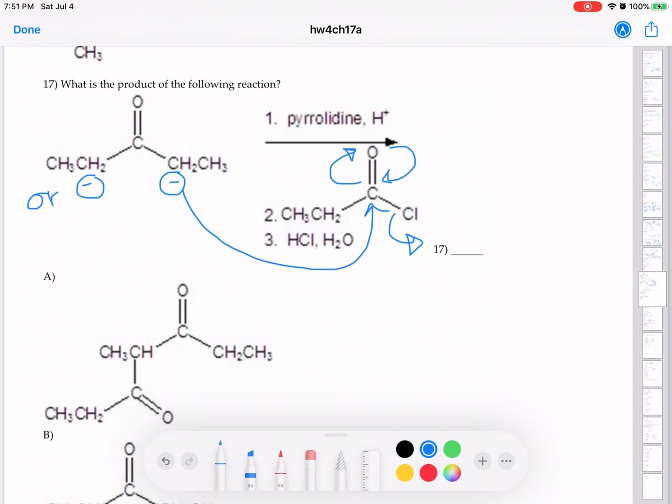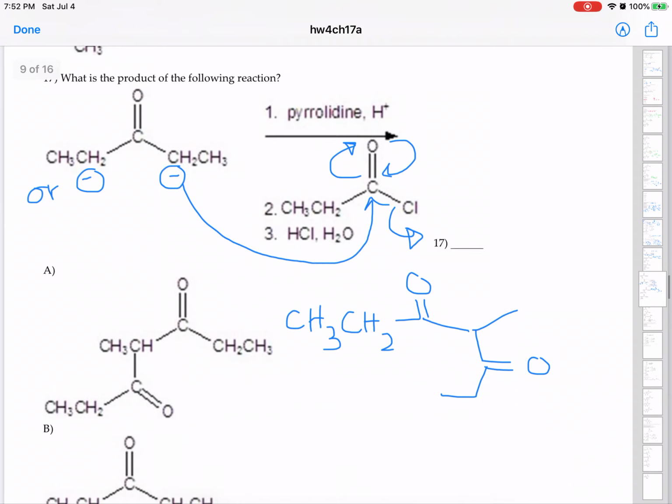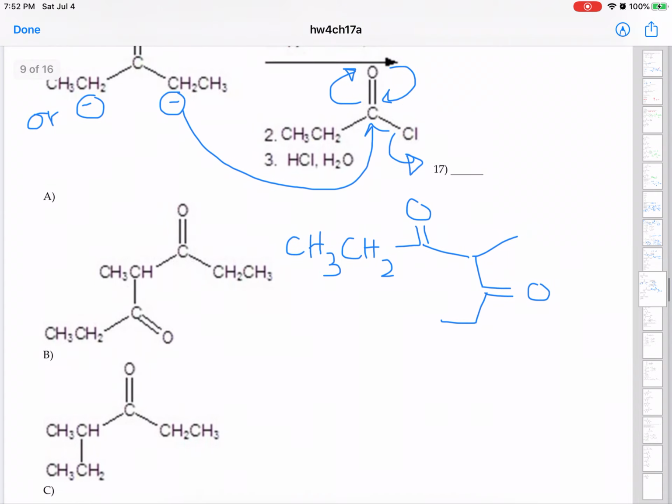So this product is going to be something like CH3, CH2, CO, CH, CH3, CH2, CH3, and here you can have a carbonyl group, CH2, CH3. Okay, like that. So you will find which one is the correct one. CH3, CH2, CO, CH, CH3 looks like it.